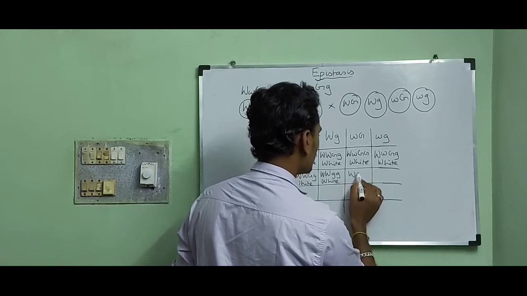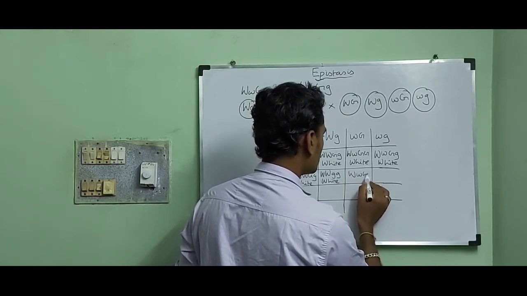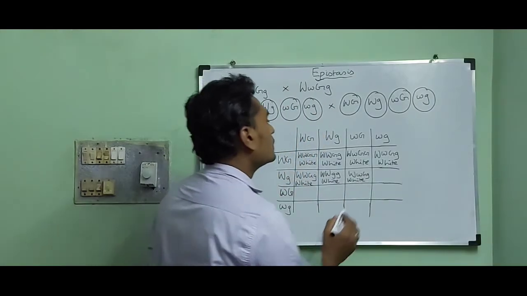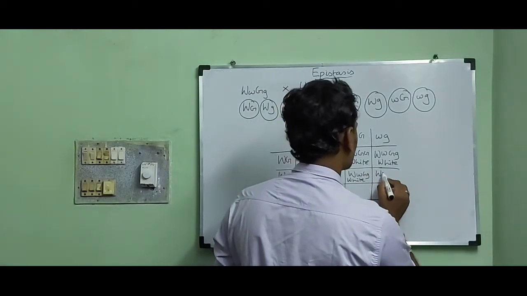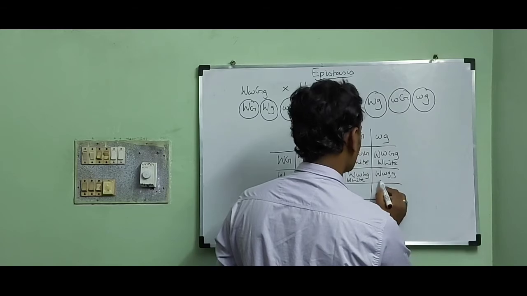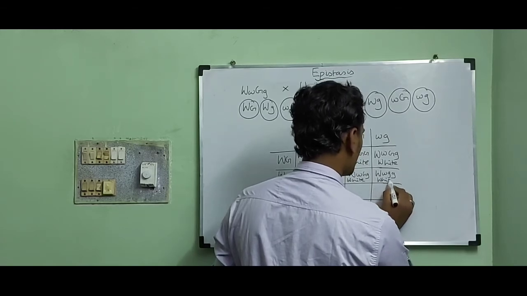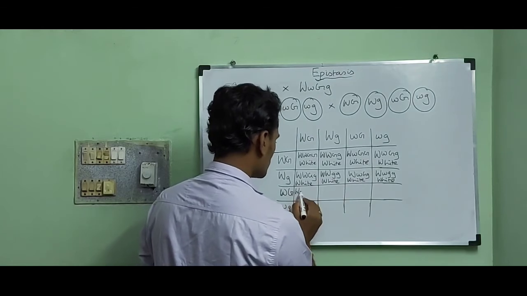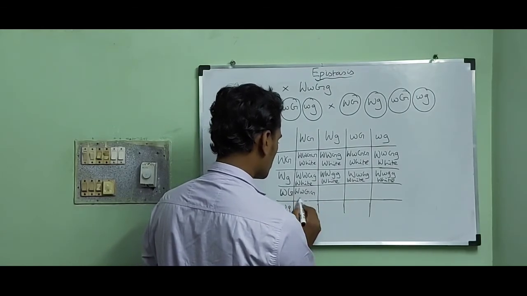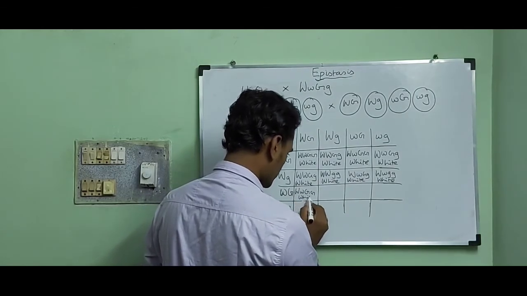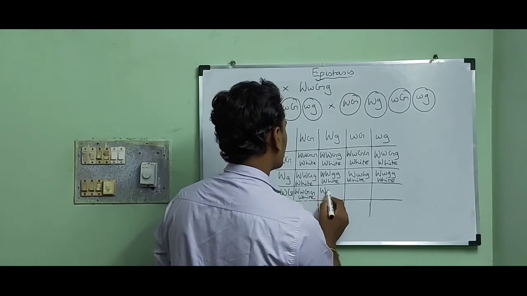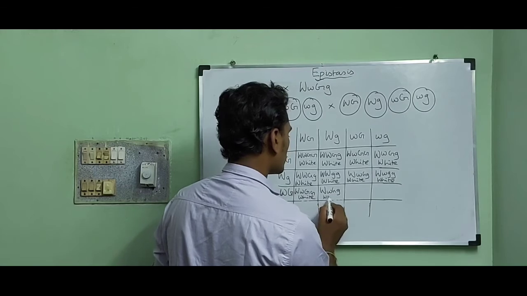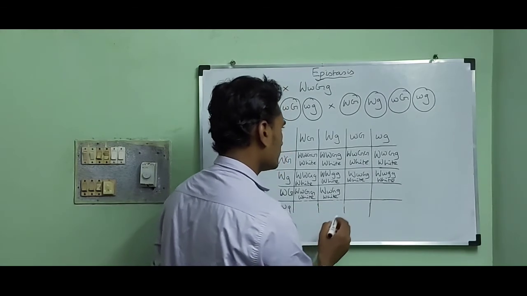Capital W, small w, capital G, small g, fruit color is white. Capital W, small g, fruit color white. Capital W, small w, capital G, so white in color. Capital W, capital G, small g. So the fruit color will be white.